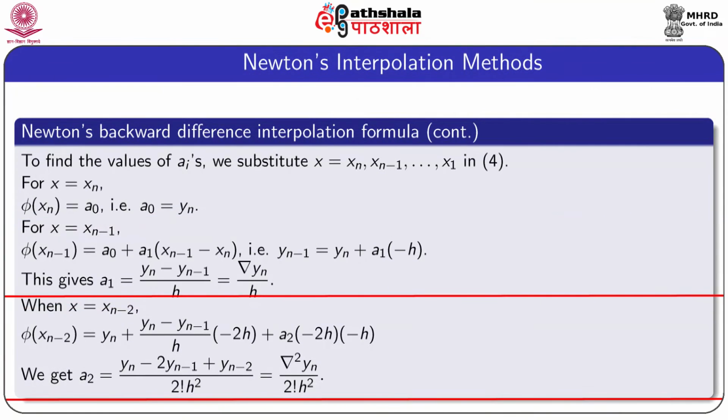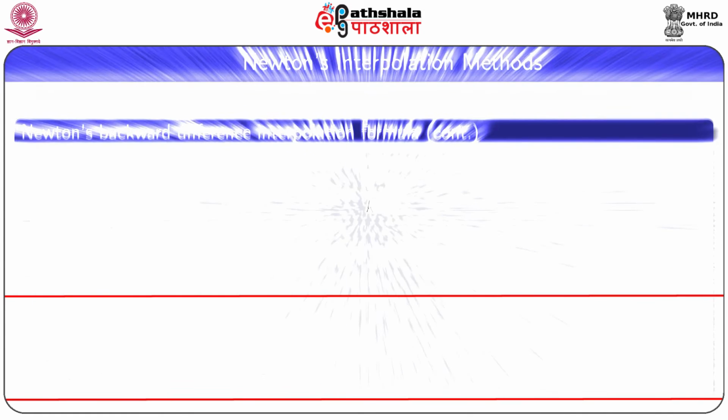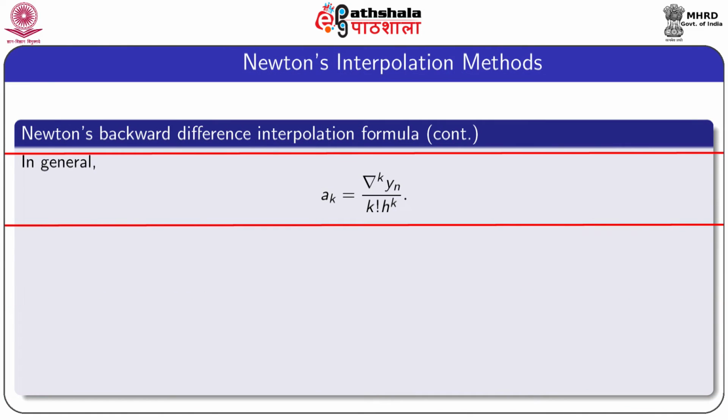When x equals xn minus 2, phi of xn minus 2 equals yn plus yn minus 1 by h into minus twice h plus a2 into minus twice h into minus h. After simplification, we get a2 equals nabla 2 yn by factorial 2 into h square. So, in general we can show that ak equals nabla k yn by factorial k into h to the power k.